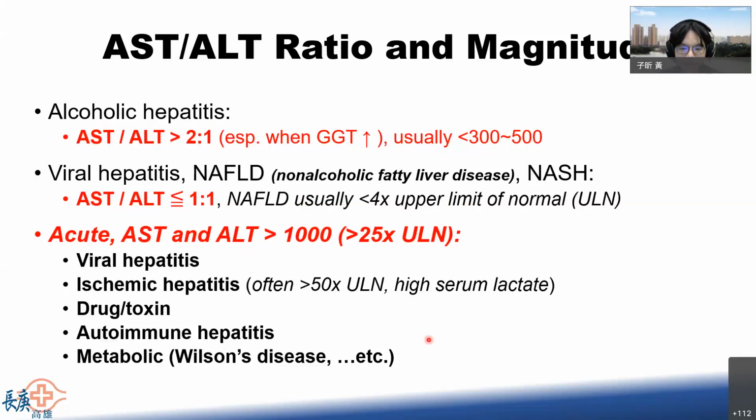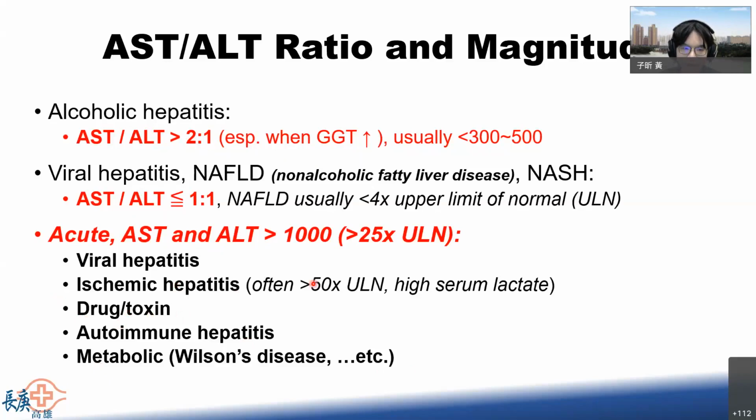So what happens if you see acute AST and ALT elevation over 1,000 units? That's over 25 times the upper limit of normal. Here are the more commonly seen etiologies for acute AST/ALT elevation: viral hepatitis, ischemic hepatitis, drug or medication-induced liver injury, autoimmune hepatitis, and metabolic diseases.